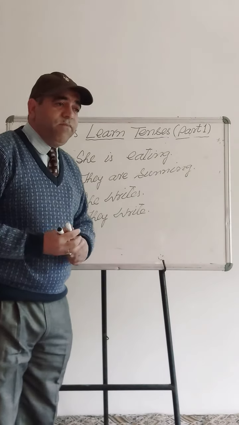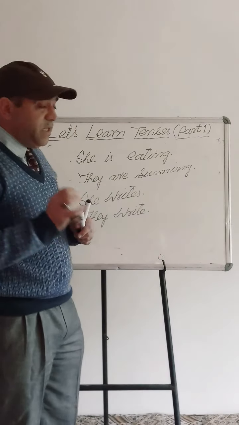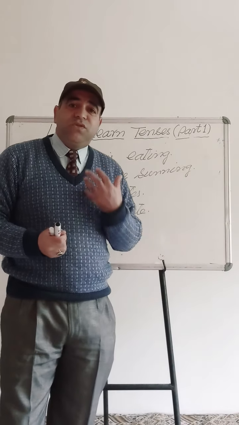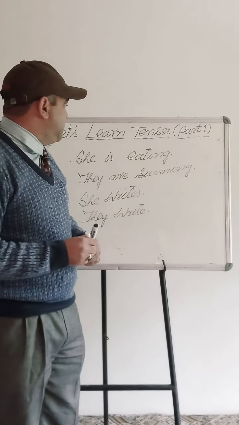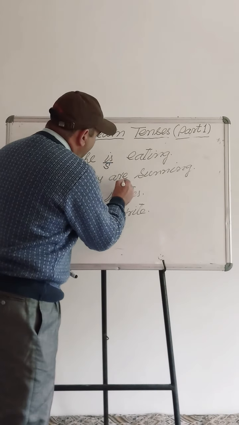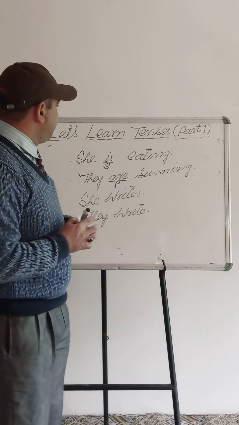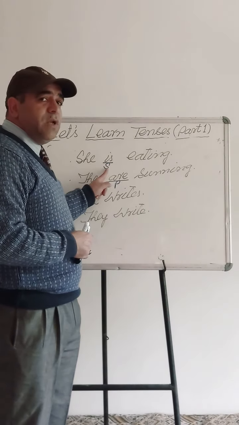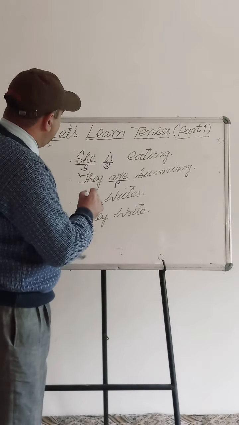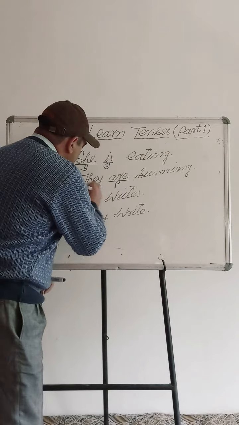Before doing this activity, I would like to tell you one thing: the verbs which end with s are singular verbs, and verbs which do not end with s are plural verbs. Here it ends with s, so it is singular, and it is preceded by she, which is also singular. Here the verb is plural and it is preceded by they, which is also plural.